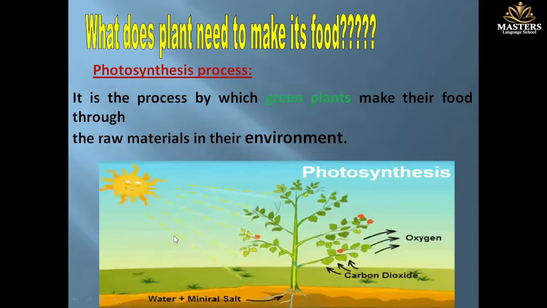And the plant leaves absorb light energy from the sun. Then the photosynthesis process produces plant food, which is formed inside the leaves, and oxygen gas, which is necessary for respiration of living organisms.